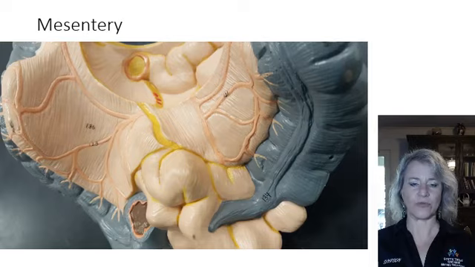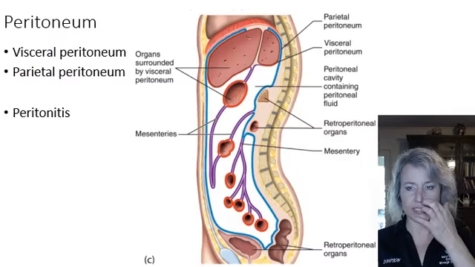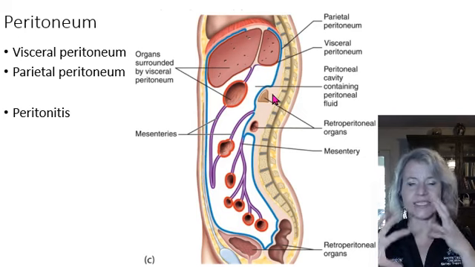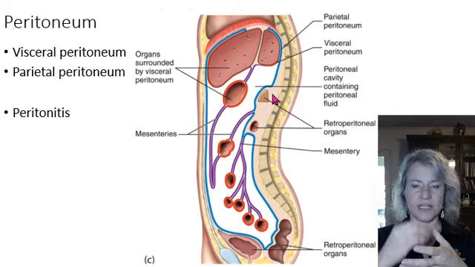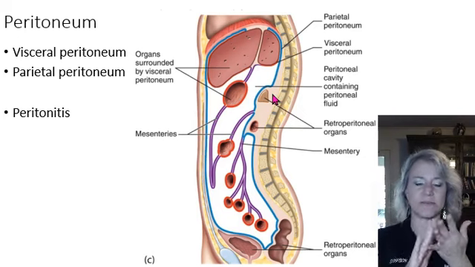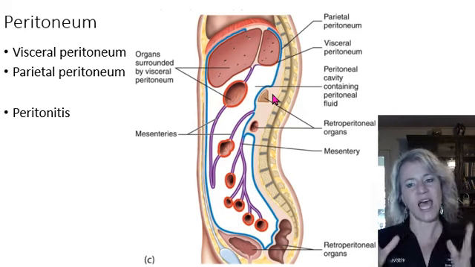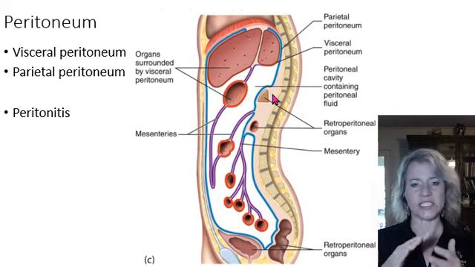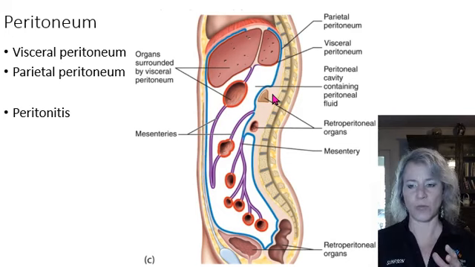Okay, so the peritoneum surrounds the stomach, small intestines, large intestines. If an organ is not inside the peritoneum, that is referred to as retroperitoneal. So right here it says retroperitoneal.